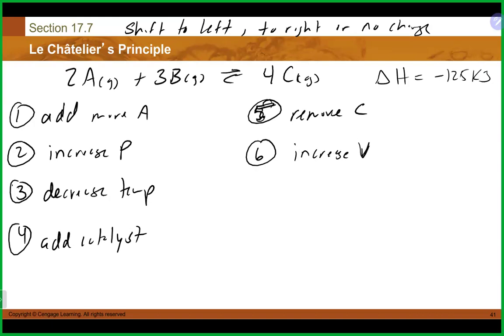All right, so take a moment for each of those. Which way should it shift, to the left, to the right, or should there be no change? Okay, so let's take a look.